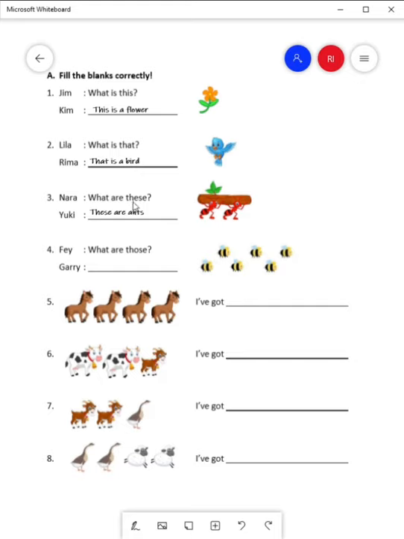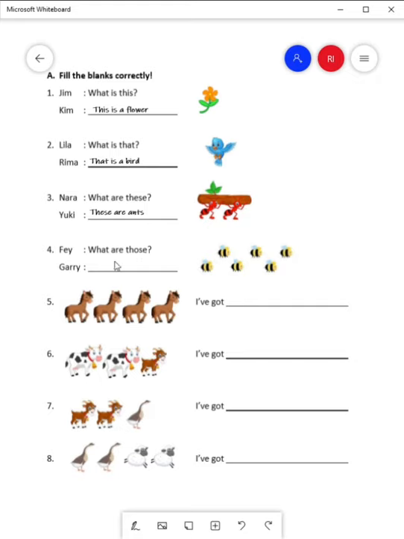But for these, it's actually more than one thing. And look at number 4. Faye asks, what are those? So those is the same with these. Okay, so these and those are used to say more than one thing.